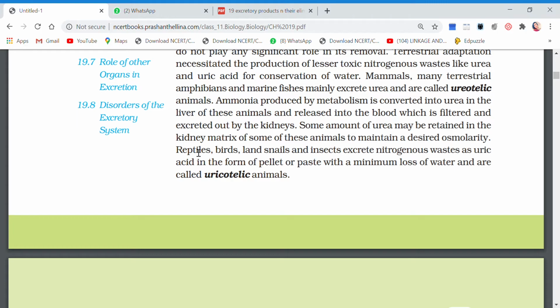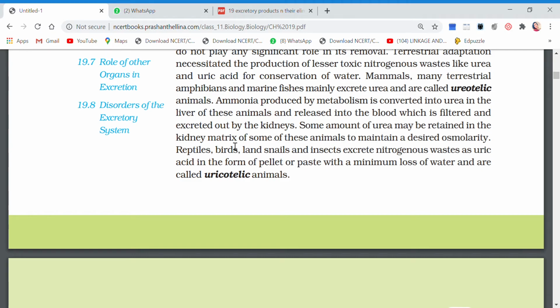Okay, children. Reptiles, birds, land snails, and insects excrete nitrogenous waste as uric acid, because in this type the least amount of water, minimum water loss, is required, and they take out their waste in the form of pellet or paste.